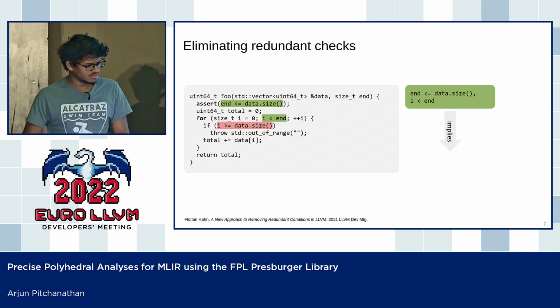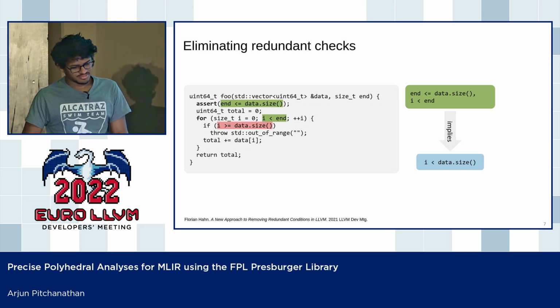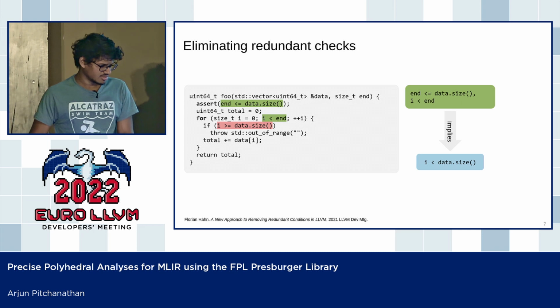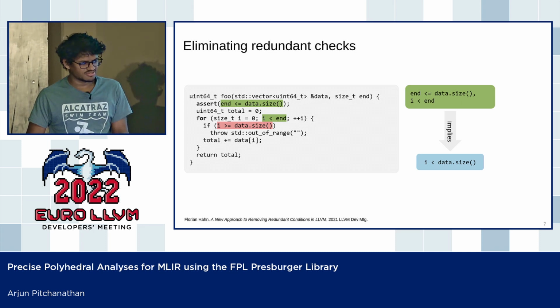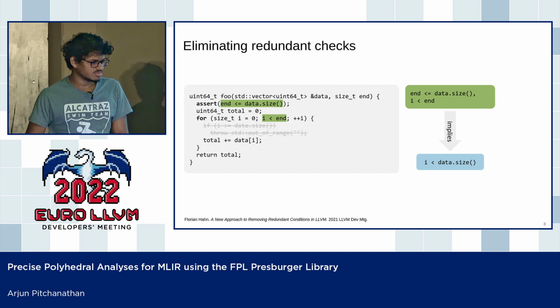If you put these together, you can see that i is always less than data.size. What we're going to implement is a pass that will infer this, collect these constraints, make this inference, and eliminate this unneeded bounds check. So that's the first concrete test case that we'll take a look at.